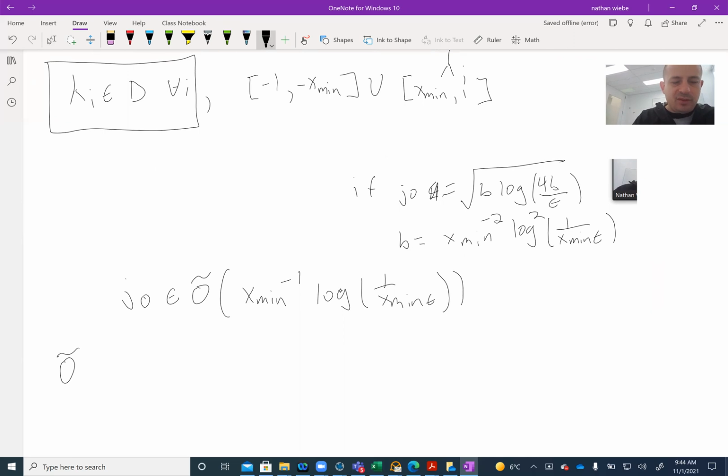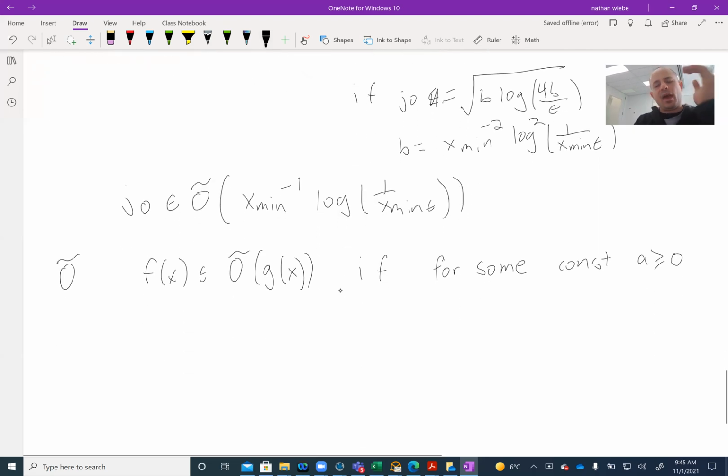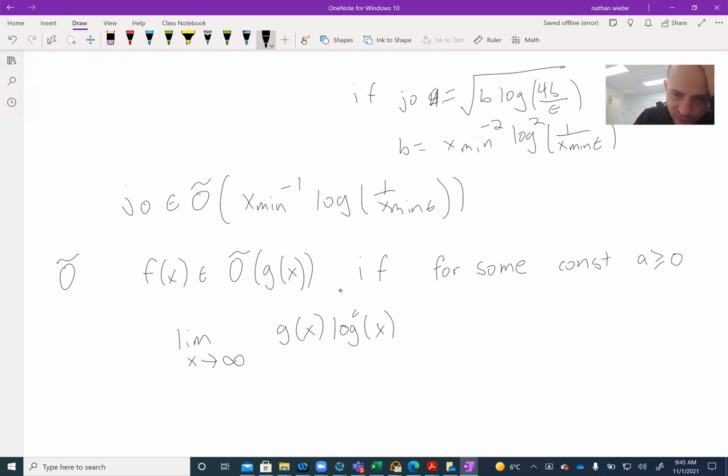And basically what O tilde means, in case you haven't seen it before: a function f of x is in O tilde of g of x, now it depends on the context, but if for some constant a greater than or equal to 0, we have that the limit as x goes to infinity of g of x times log of x to the a over f of x is less than infinity.